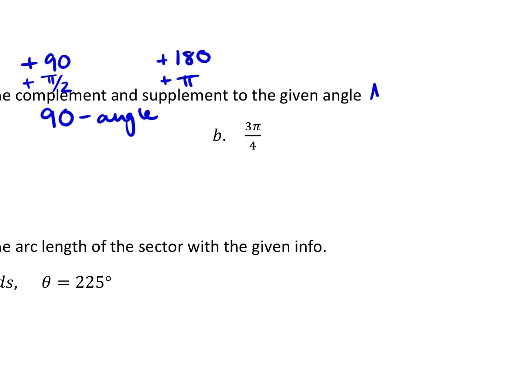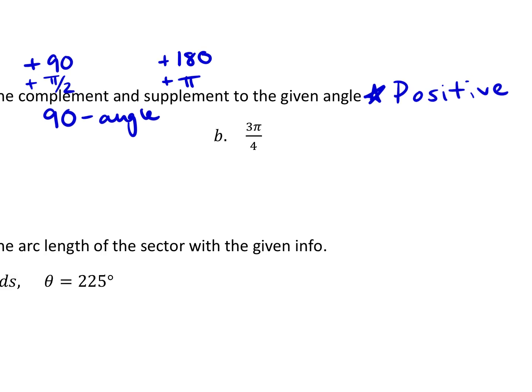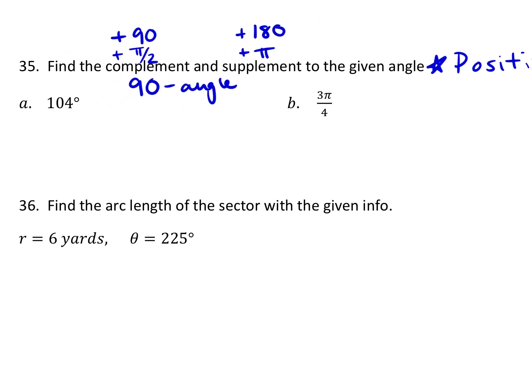Complement and supplement are always positive. You're looking for 2 positive angles that add up. So for A, we wouldn't have a complement because there wouldn't be a positive angle that adds to 104 that's going to equal 90.